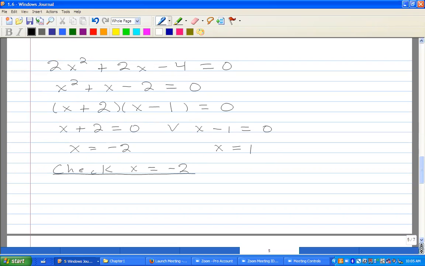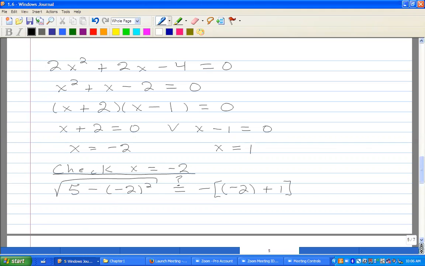And so, is the square root of 5 minus x equal to negative x minus 2 plus 1? Well, let's check.